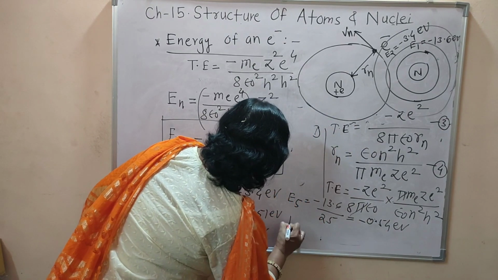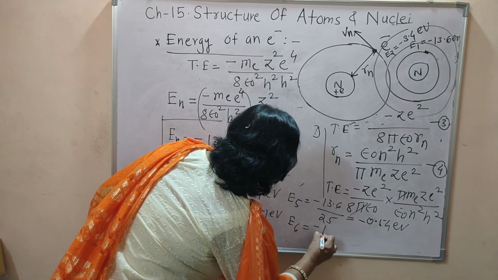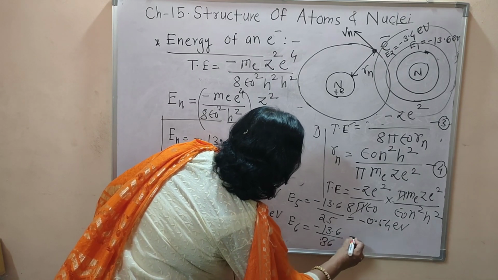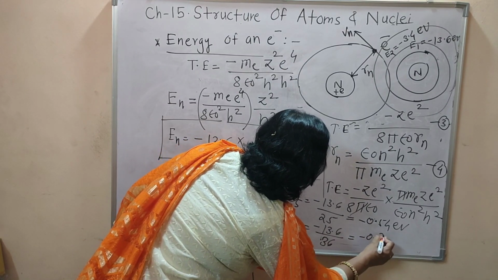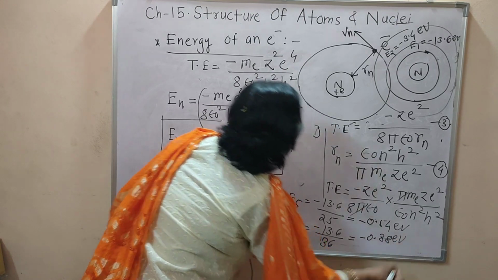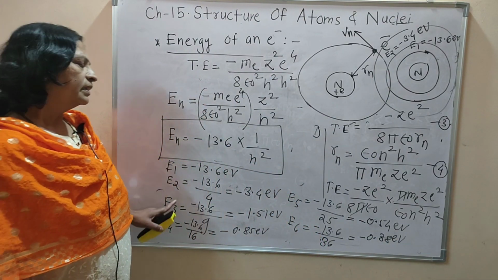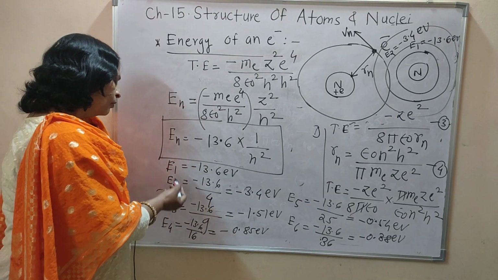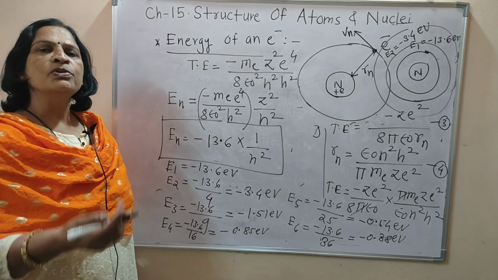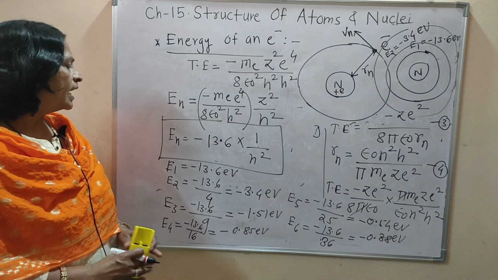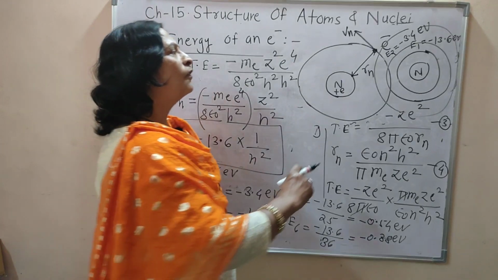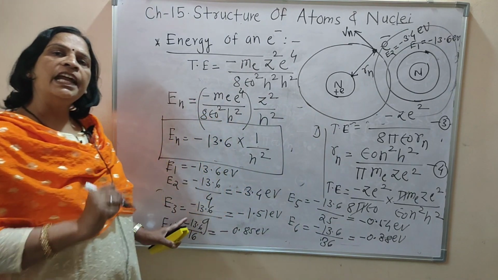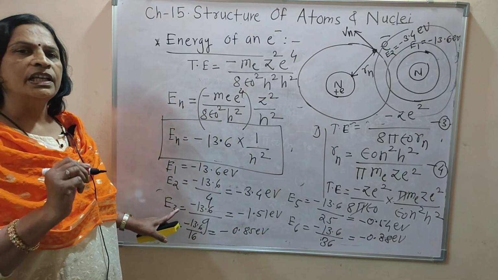Then E6 is equal to minus 13.6 divided by 36, that is nothing but minus 0.38 electron volt, and these are the energies of the electron in 1, 2, 3, 4, 5, 6 orbits respectively. And as the number of the orbit goes on increasing, the energy of the electron also goes on increasing.